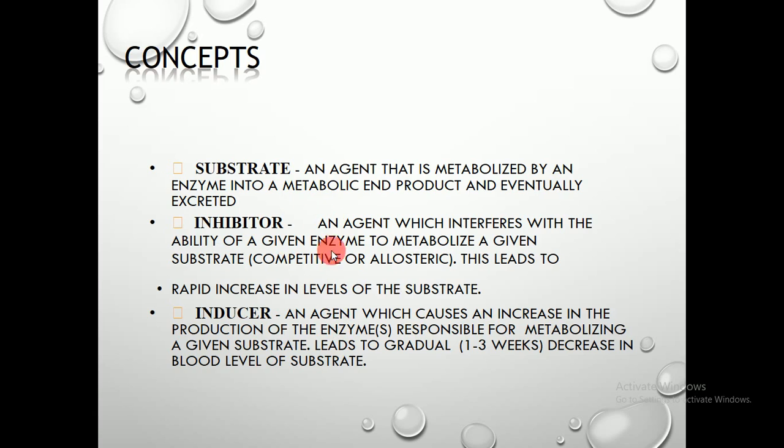An inhibitor is the agent which can interfere with the ability of a given enzyme to metabolize a given substrate, while an inducer causes an increase in the production of the enzyme.